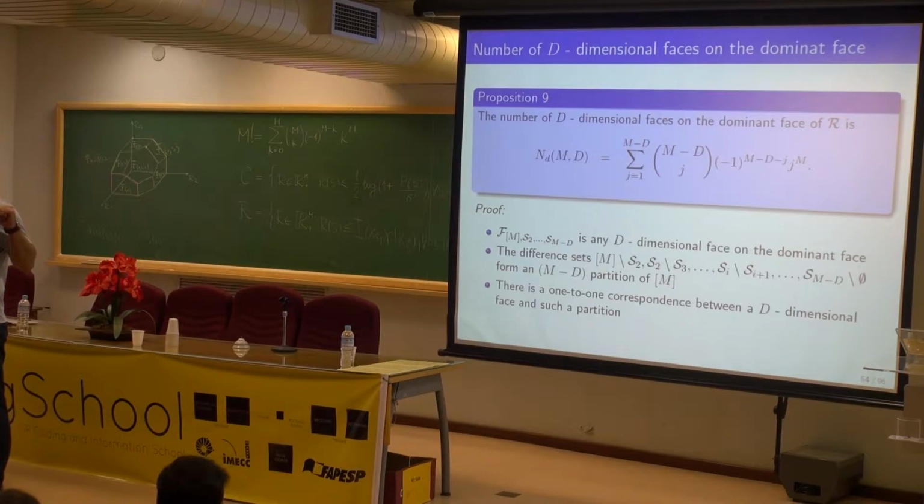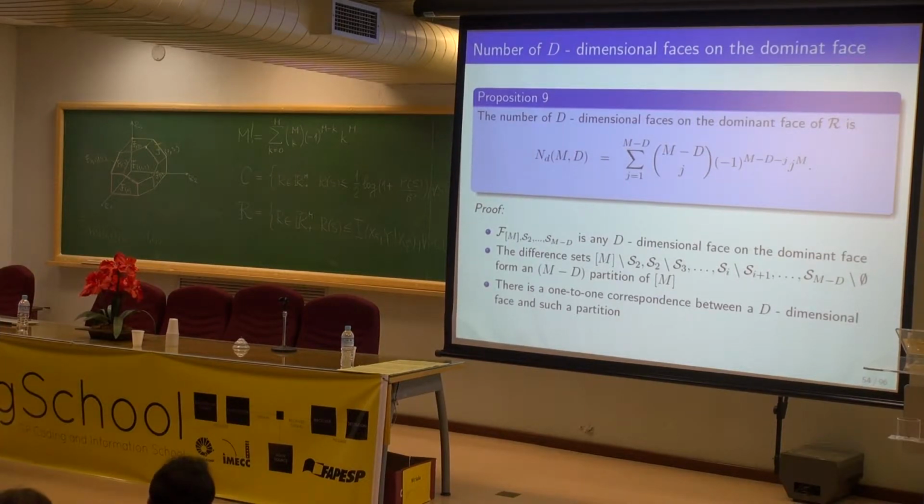Yeah? So m minus d subsets of m that don't intersect. Partition is actually, you have a set of m elements, and then you want to know how many different ways there are to partition this set into parts. So let's say, how many ways are there to partition this into 2 parts?